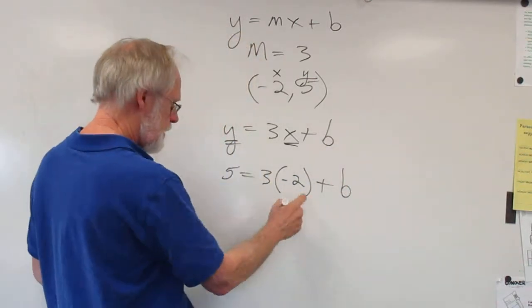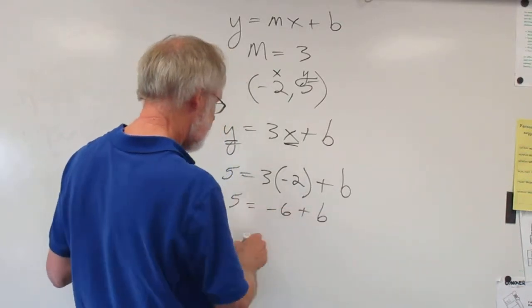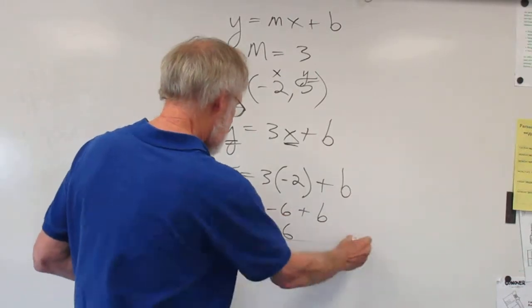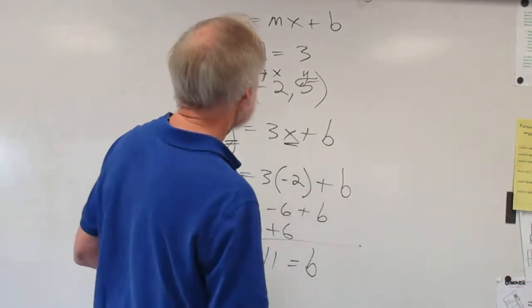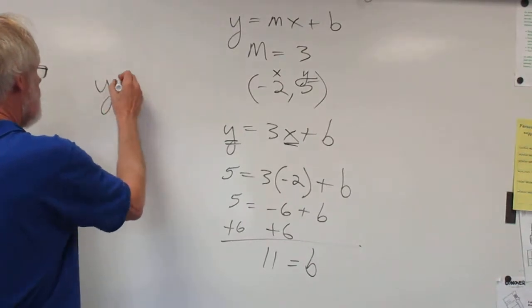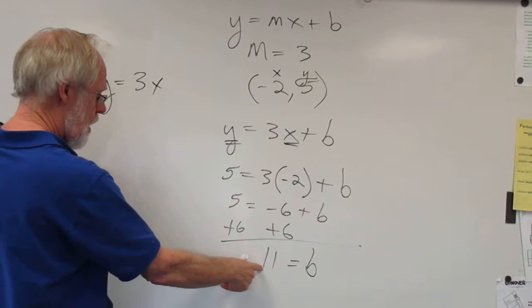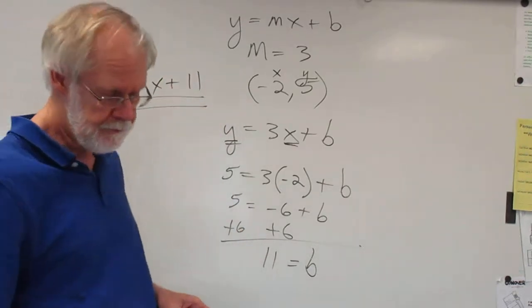To solve this, 3 times -2 is -6. 5 equals -6 plus b, we add 6 to both sides, and we get b equals 11. Therefore, this equation is y equals, we have a slope of 3, 3x, we have a y-intercept of 11, plus 11, and there's the answer.